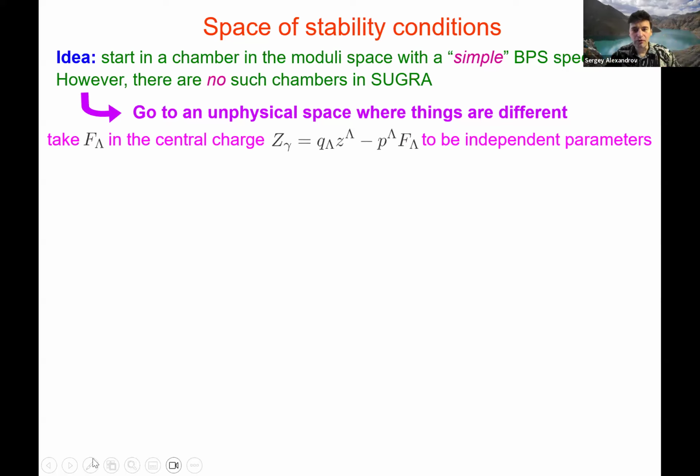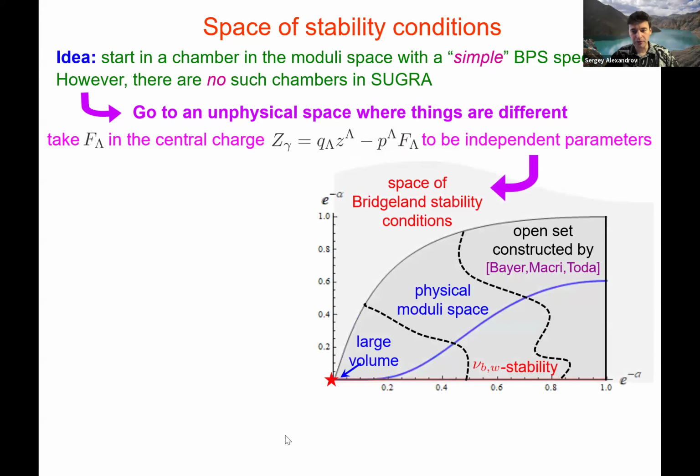Because what we can do, we can take these coefficients of lambda to be independent parameters, not to be fixed by the prepotential, but to be completely independent. In this way, we enlarge the space of stability conditions, and it becomes larger than the Kähler moduli space. And the Kähler moduli space then will be just a kind of slice in this big space of all stability conditions, which is called Bridgeland stability conditions.